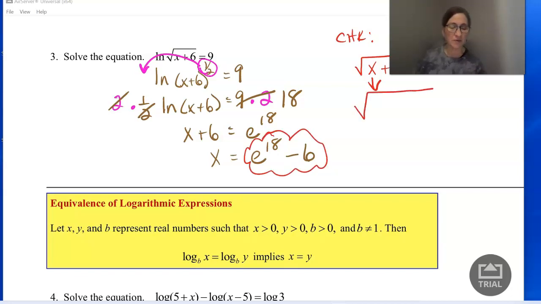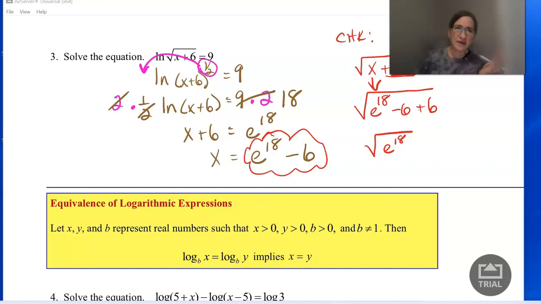So that's going to be the square root of e to the 18 minus 6, and then I've got this plus 6. Well, minus 6 plus 6 is 0, so I end up with the square root of e to the 18th. I don't even have to do that calculation. I could put it in my calculator, but I know that e is going to be 2.718 raised to the 18th.